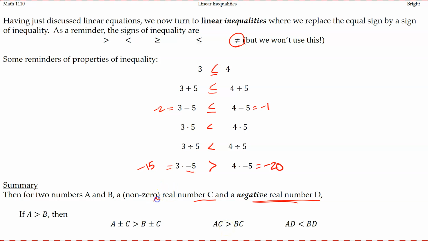I should actually say non-zero positive. Actually, I'll just say change non-zero to positive. If C is a positive number, then we can multiply it at both sides and not change it. But if we end up having a negative real number D, that's when the inequality reverses. So if you'll notice, it changes from greater than to less than.